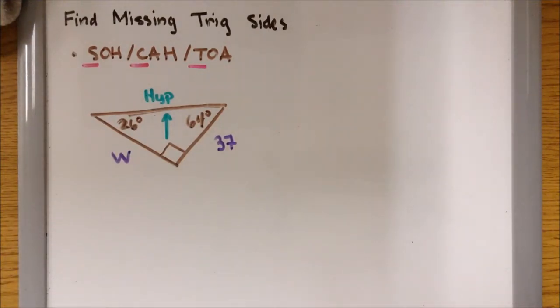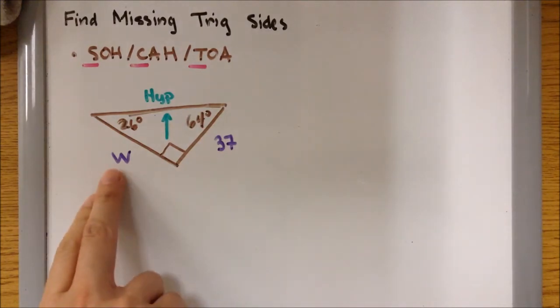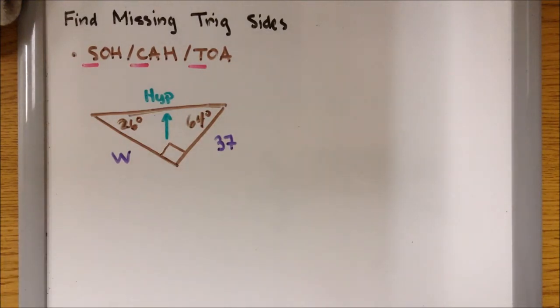Now, when you're given two known angles, you have to pick which one to use if you're trying to solve for your unknown side. The reason you have to pick is because when you pick one, you have to label your sides.